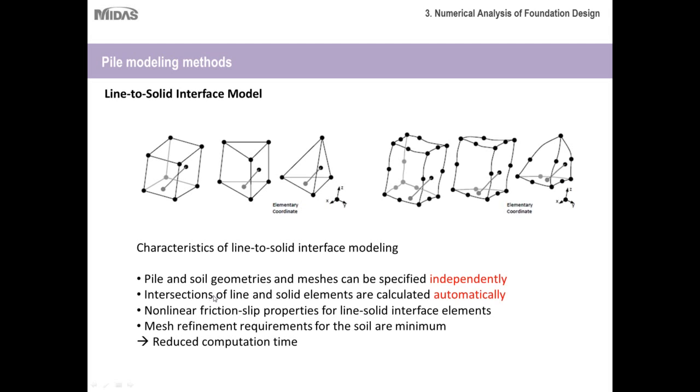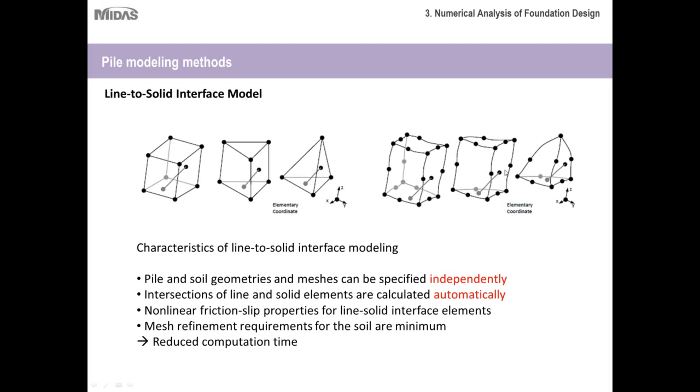Secondly, the intersections of soil and the line elements are calculated automatically. So as you can see, this element is starting from nowhere from the surface, and there were no nodes on the adjacent edges of the solid.